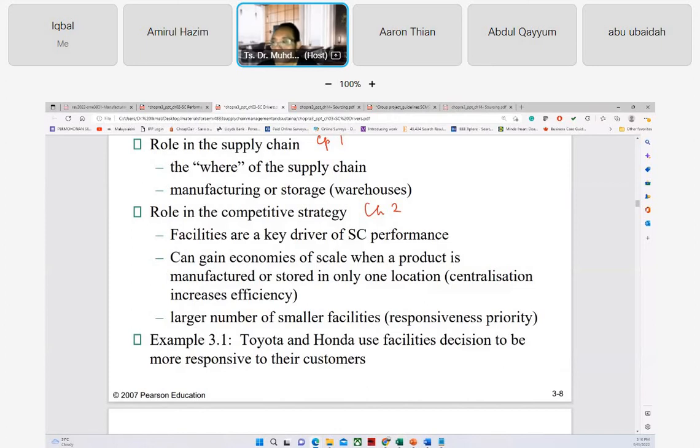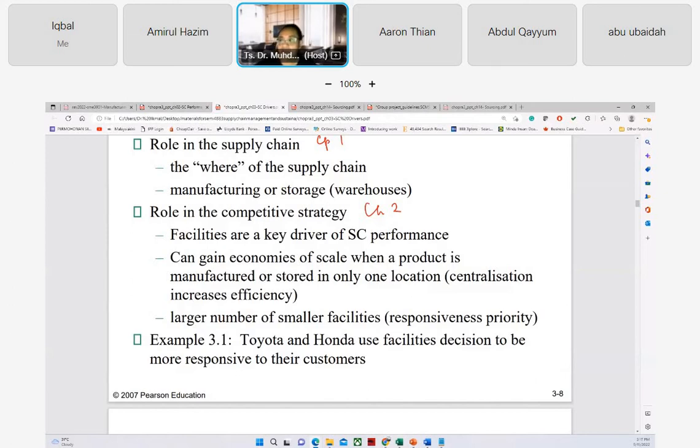And how it helps to achieve the competitive strategy. You know that facilities are key drivers for the supply chain performance. And then you can gain economy of scale when the product is manufactured or stored in only one location. You go for, let's say, centralization, which may increase the efficiency. So that's the role of strategy, to help you to achieve your performance.